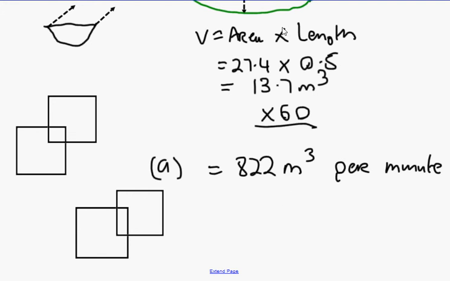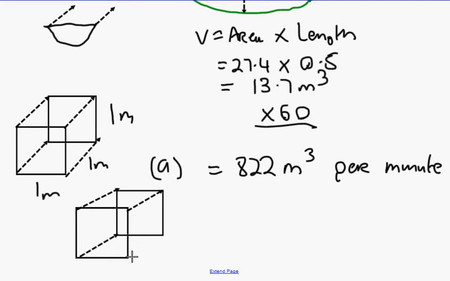The way I always do my conversions is like this. I have meters cubed. I'm going to draw a cube that has 1 meter cubed, 1 meter by 1 meter by 1 meter. Then I look at a similar shaped cube, except this time I'm measuring it in centimeters. They're both exactly the same size, but this time it's 100 by 100 by 100.